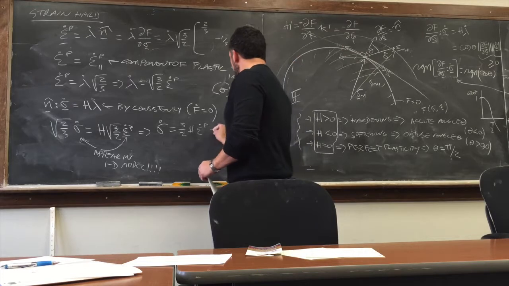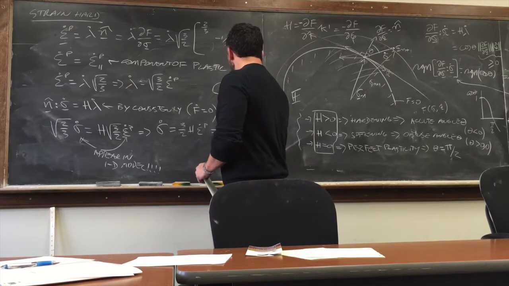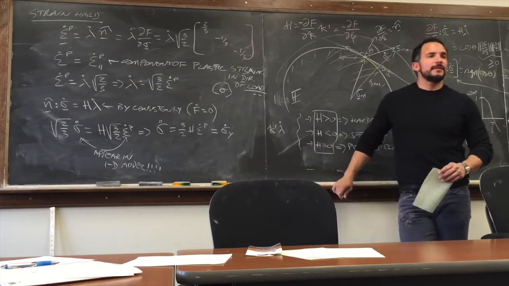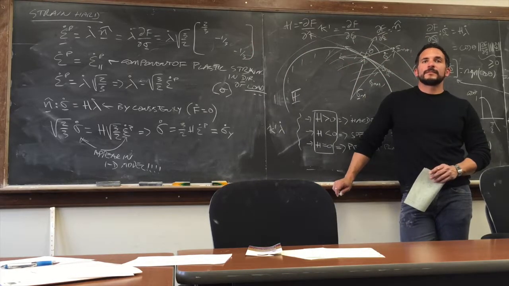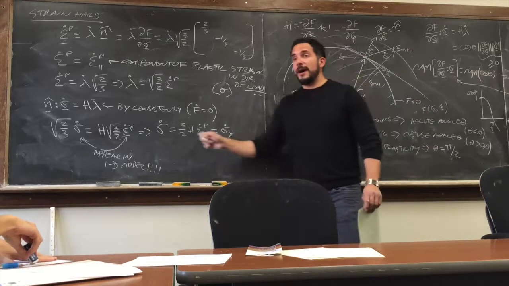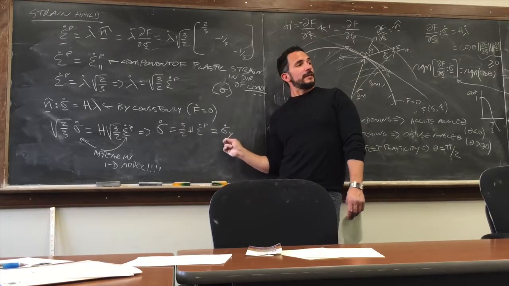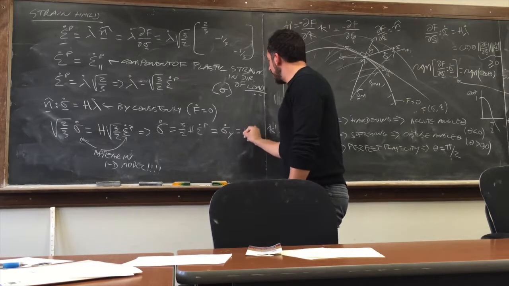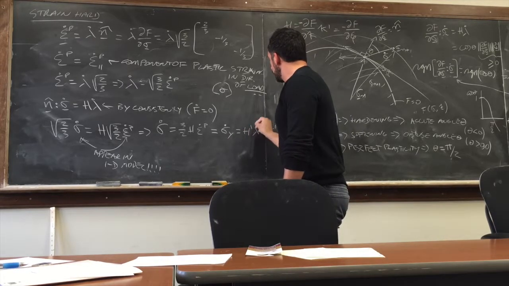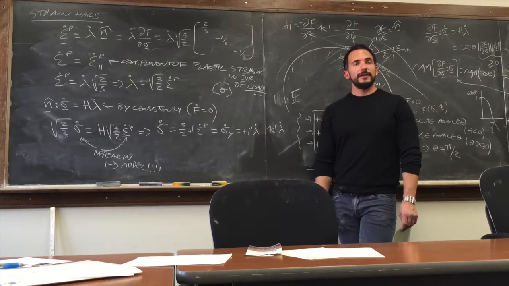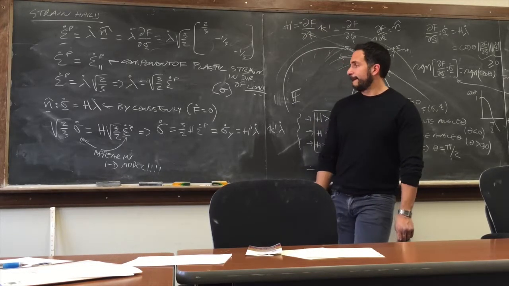And remember that in 1D, that had to be sigma y dot. Any change in sigma y had to be a change in the yield, in the one-dimensional yield strength. And furthermore, that had to be equal to this. You recall that?